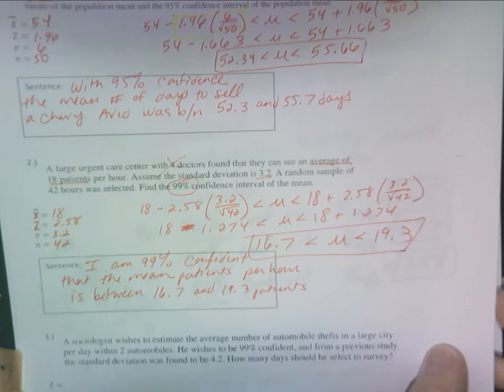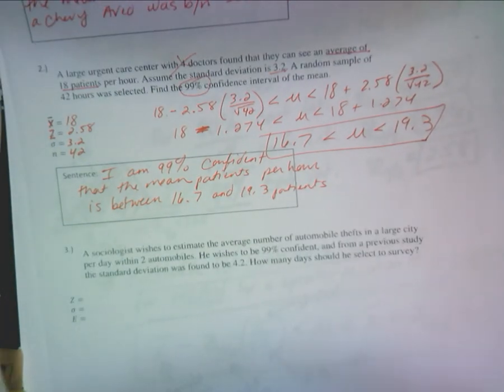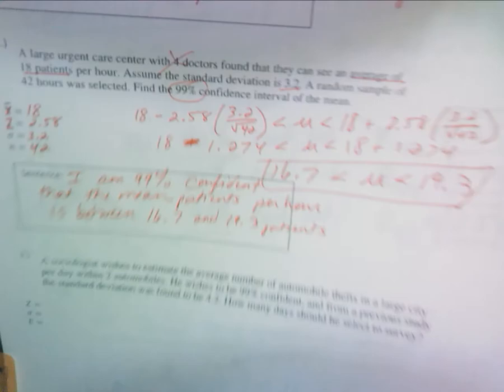All right. And then last but not least is actually based off of a new formula that I actually want you to write down for me. Go back to my notes real quick, and I just want you to write this formula. And this is actually an easy formula. And that's what this one will be about. Formula for minimum sample size.